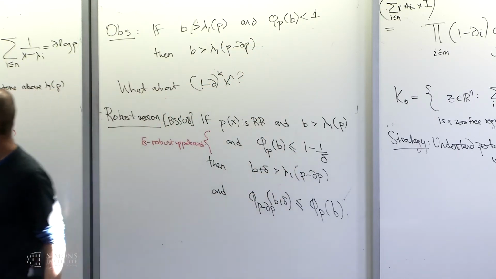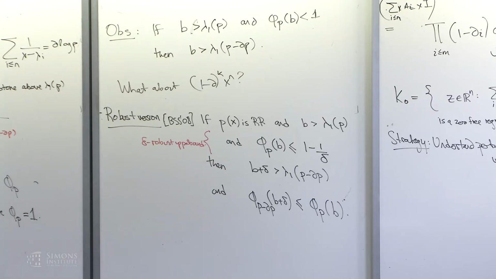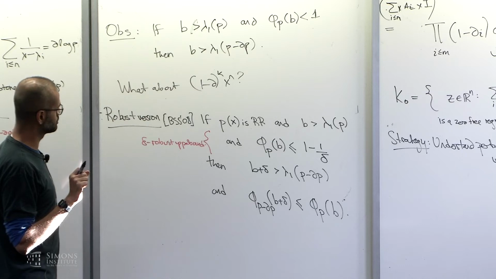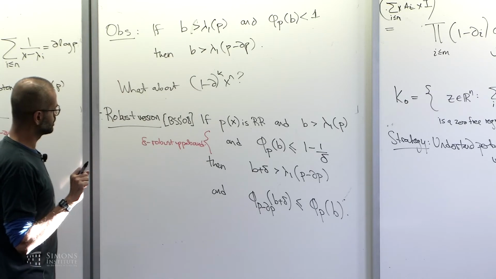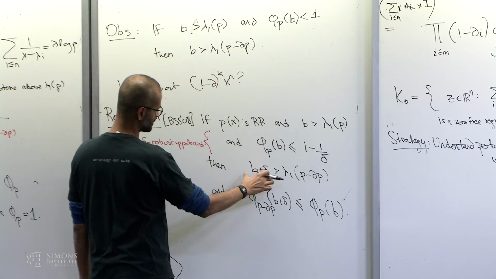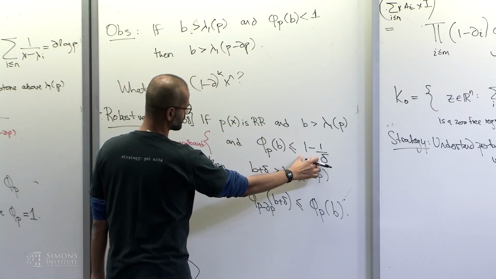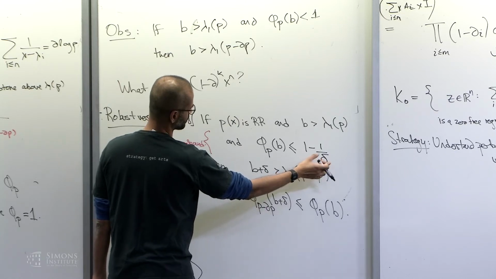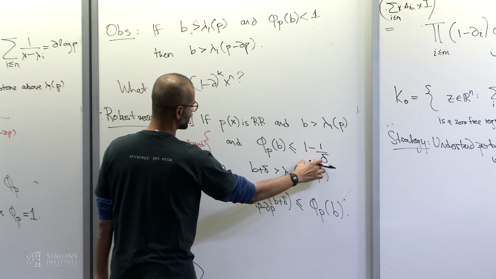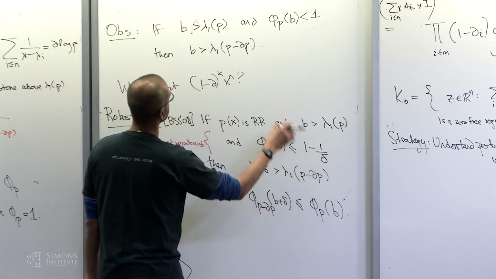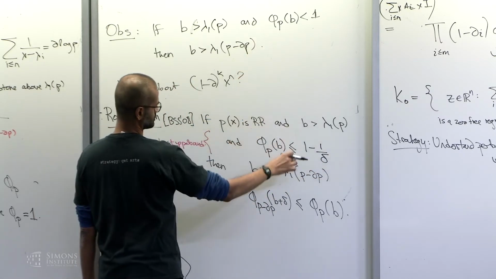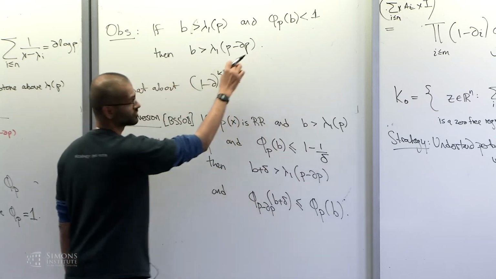That makes sense because think about this example. Okay, wait, let me think about this. I'm sorry, this statement is for any delta bigger than 1. For delta less than 1, this is negative. For any delta bigger than 1, if this is less than 1, you get this for free.